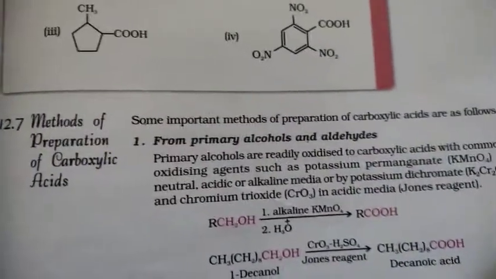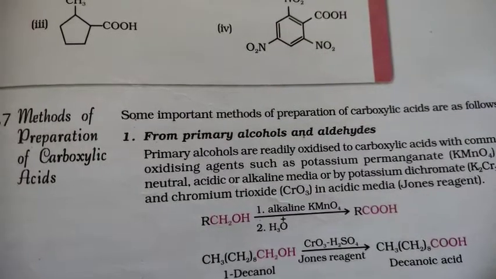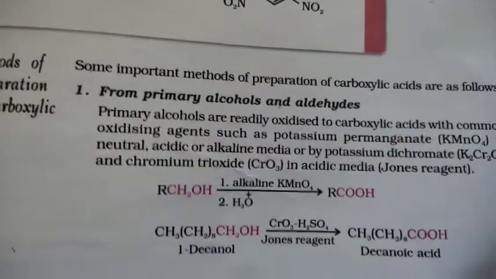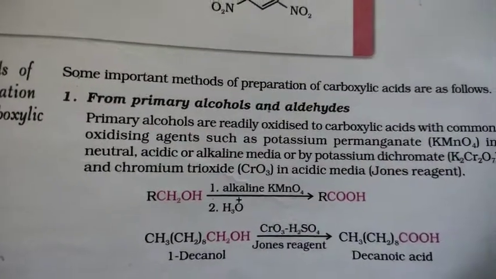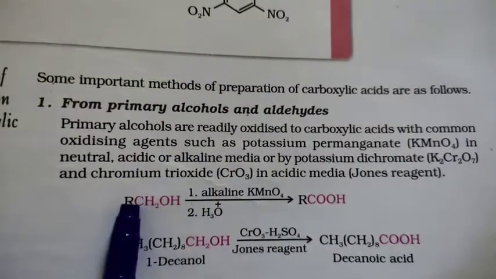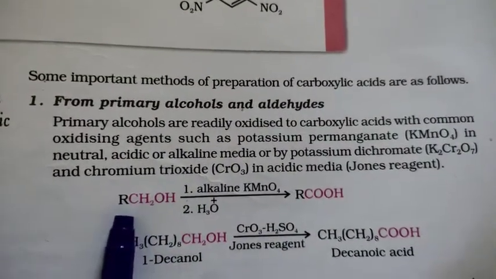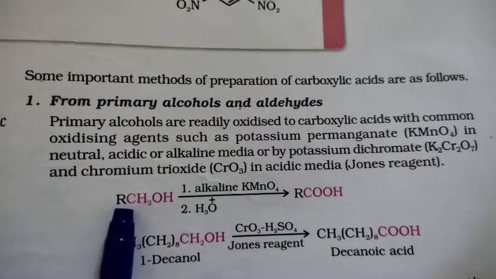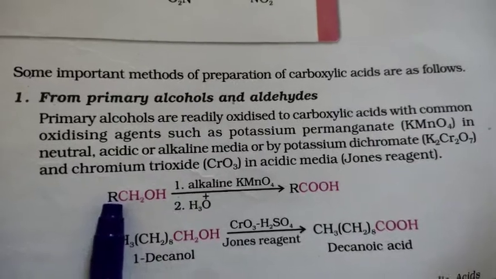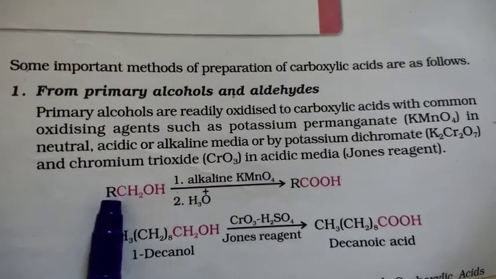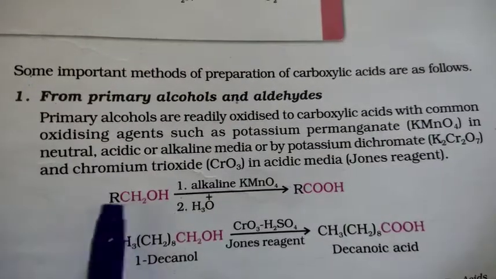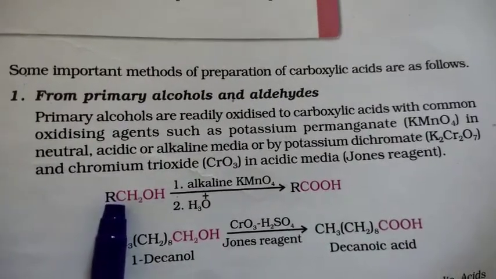Next, we will discuss the methods of preparation of carboxylic acid. So it is basically done from alcohols, from primary alcohols and aldehydes. Okay, you see here, what I told in the previous part is that usually they will give you the generalized formula of a compound, because this R is not the portion where the reaction is going to take place, so no need to bother about the R. The R can be long as well as short.